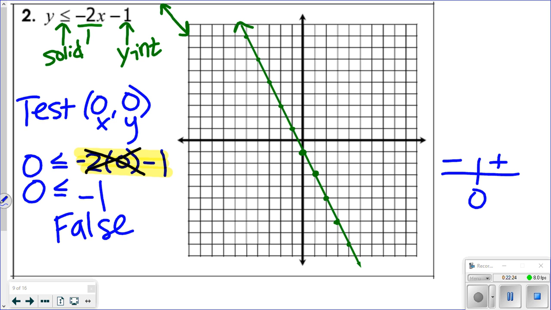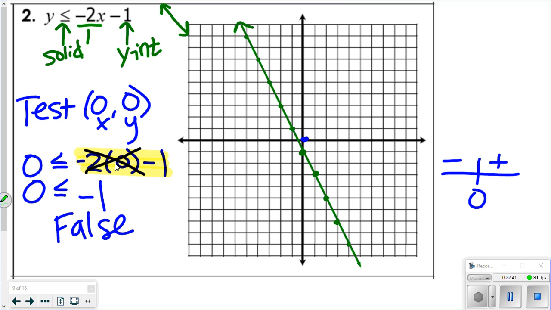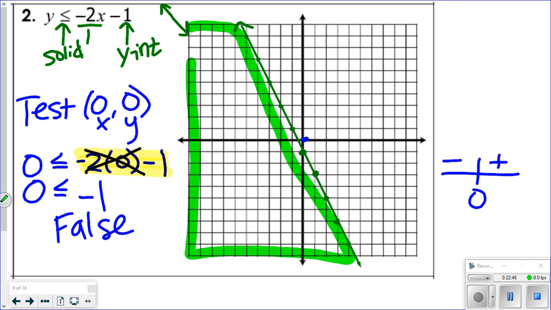So what that means, 0, 0 is right here. Okay? It's not a solution or it's not an answer. So we need to shade away from 0, 0, the opposite way. So I'm shading down to the left of my line, over in this direction, this half plane of your graph.